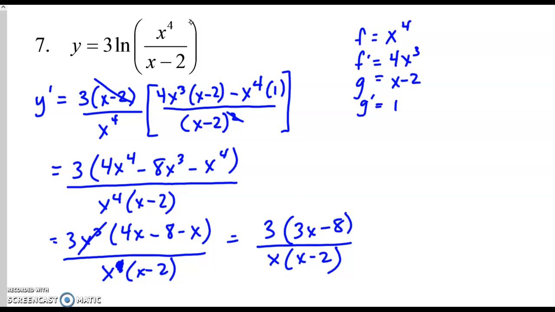To be clear again, what does derivative mean, or what's the point of this? If we were to graph this function, we want to find the slope at a point on that line. We know that the slope of the tangent line at any of these points is given by this equation.